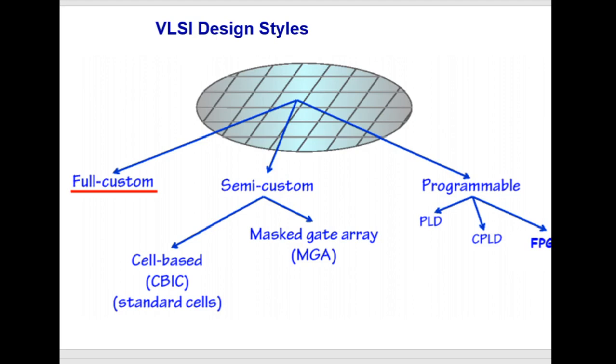Under the programmable section, we have FPGA, field programmable gate arrays, then CPLD, complex programmable logic devices, and then PLD, programmable logic devices. We will see each one of these: what the differences are, where they are used, and in what situations. Okay, we will see each of these.